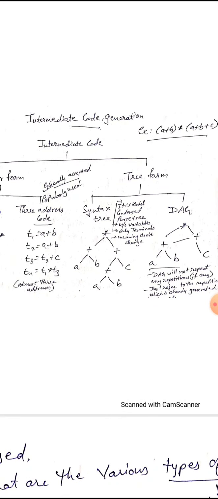Now, as part of the intermediate code generation, why do we need this? You might have already designed a compiler for the C programming language for a Windows machine, and now you want to design the C compiler for a Unix machine. Then you need not change everything.